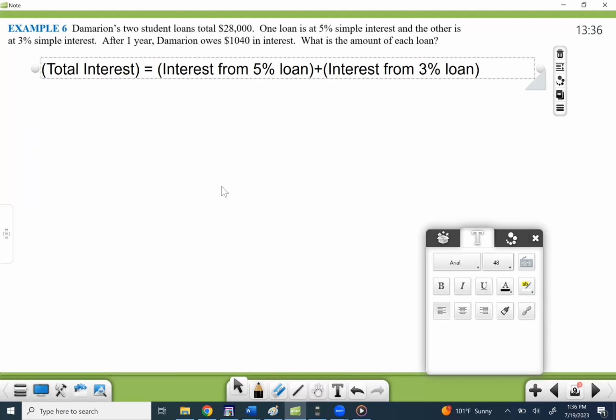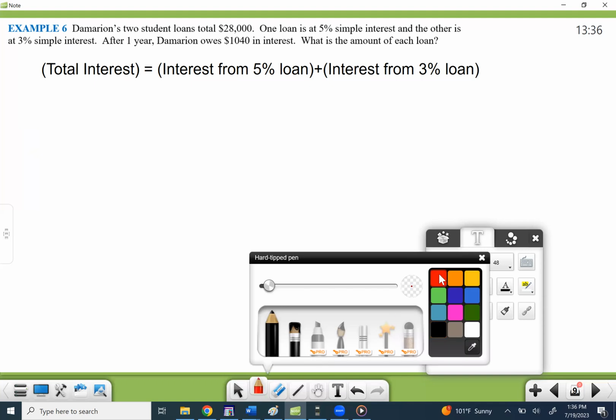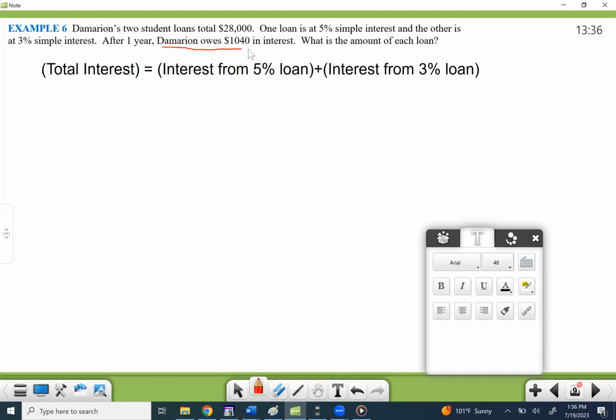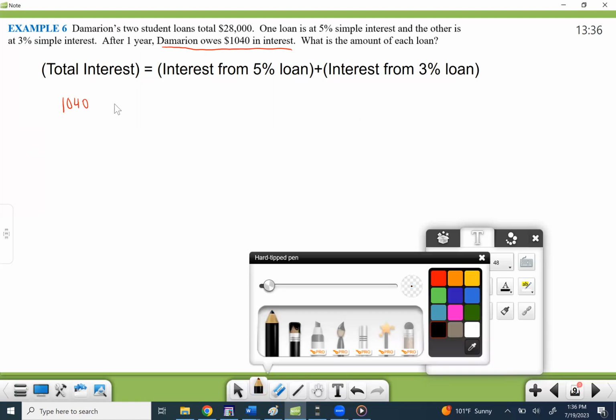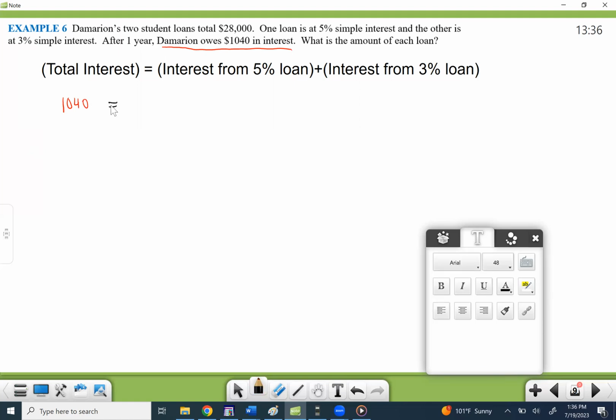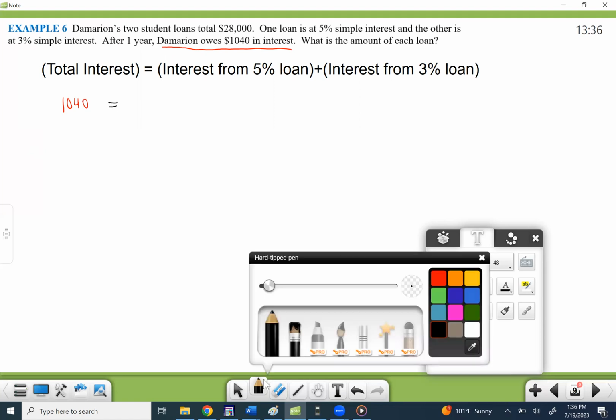Okay, now I'm going to start filling in things that I know. Do I know the total interest? I do. It says right here, Demarion owes $1,040 in interest. So I'm going to put that here. Now, do I know the interest from the 5% loan? I do not. But I have a formula for interest.